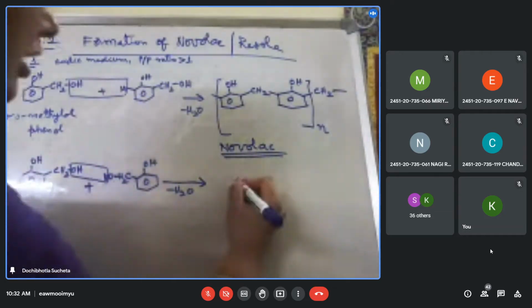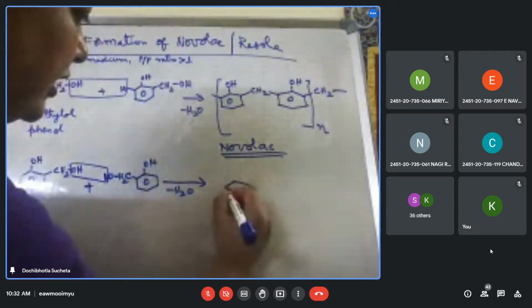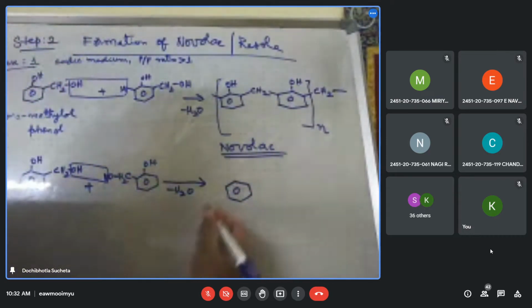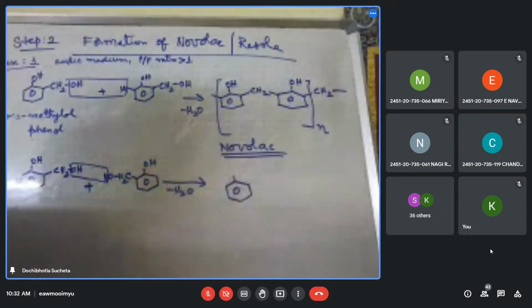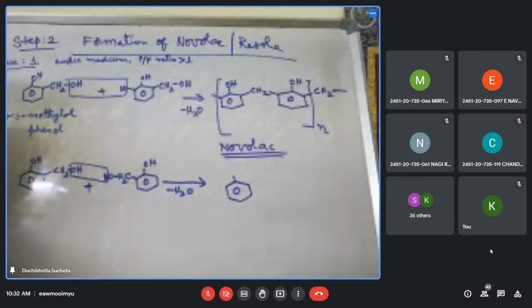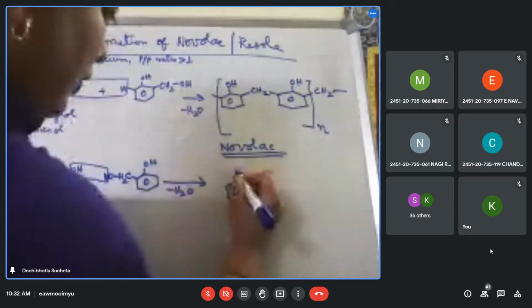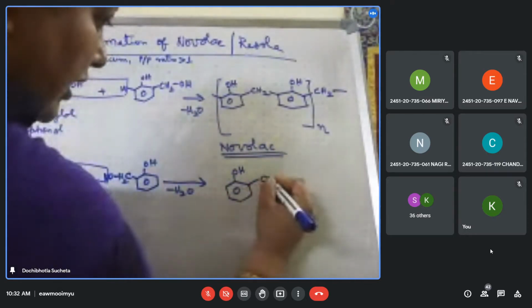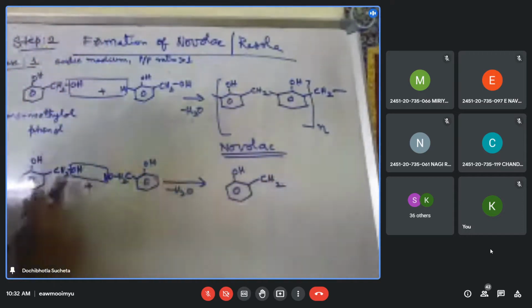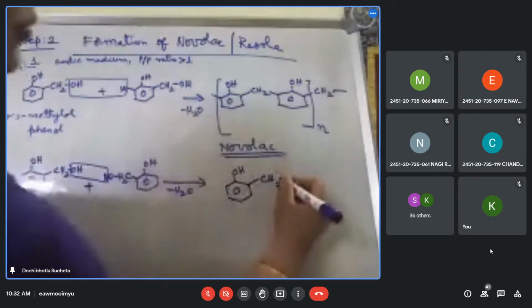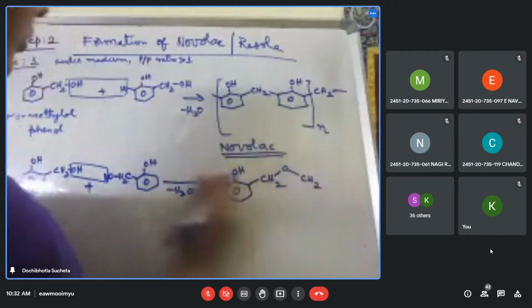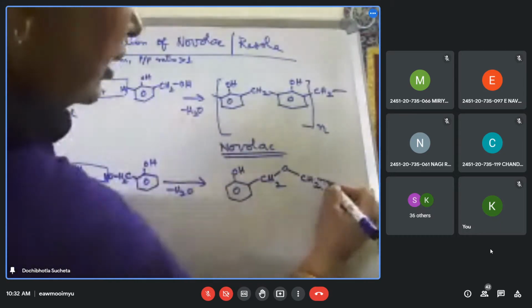I'll get a structure like this. Here is a benzene, and OH, CH2, this CH2, O, CH2 from this, and you have the phenol.